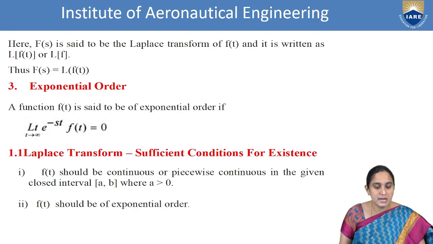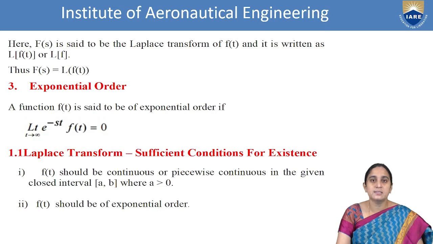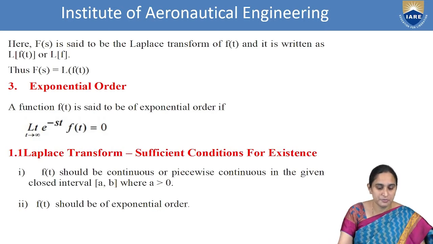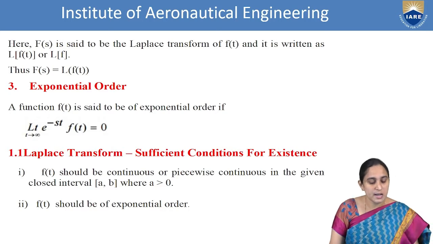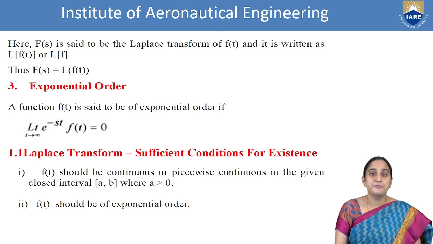Simply, I'll write that as: here f of s is said to be the Laplace transform of f of t, and it is written as Laplace of f of t, or simply f of s.